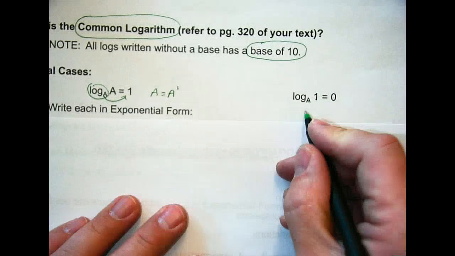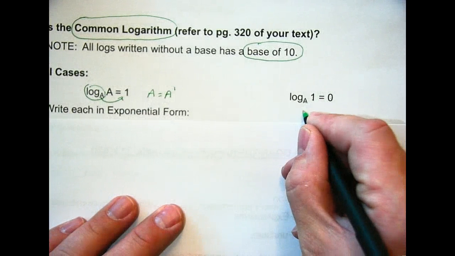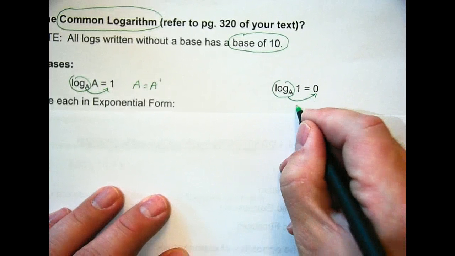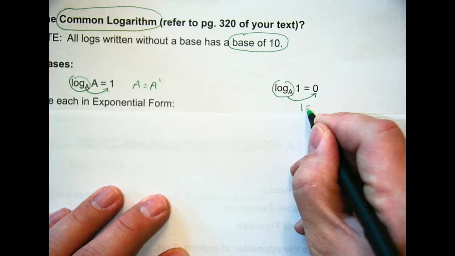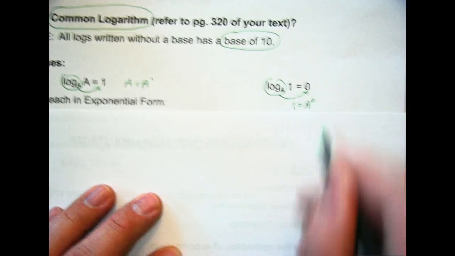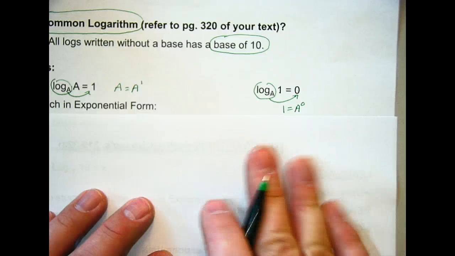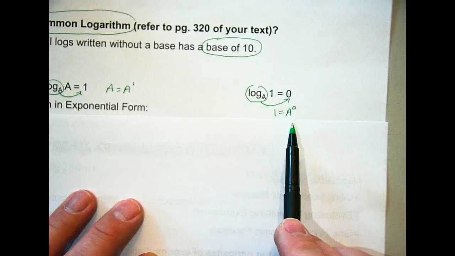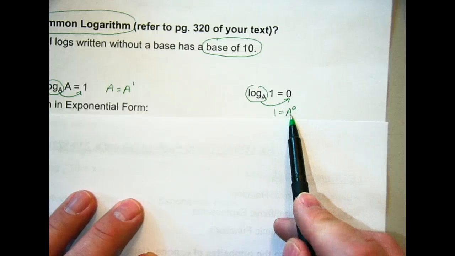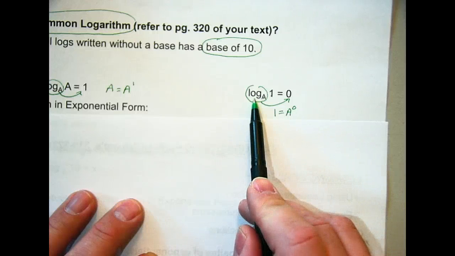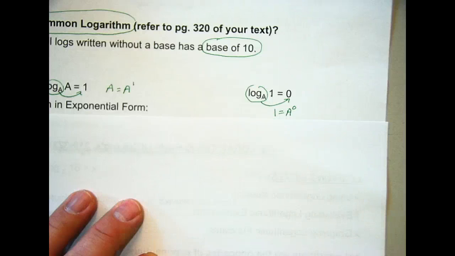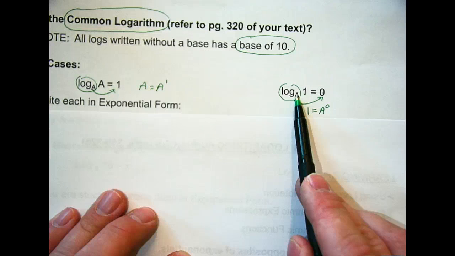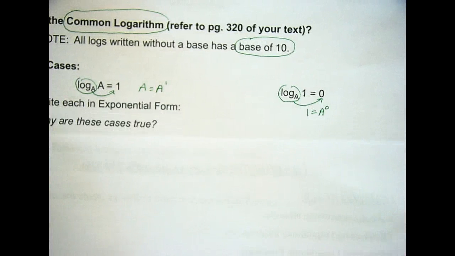And if I wrote this in exponential form, if I brought this piece back over, 1 equals A to the 0 power. So if you're confused in log form, you're like, why is that? Try to write it back in exponential. It usually explains it. And if I wrote this in log form, it would look like this, right? Okay, so you're just undoing that. Those are our special cases. So anytime you see those two things the same, it's 1. That and 1, it's 0. Okay?